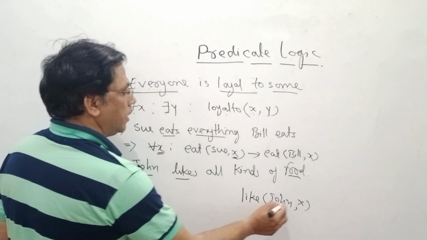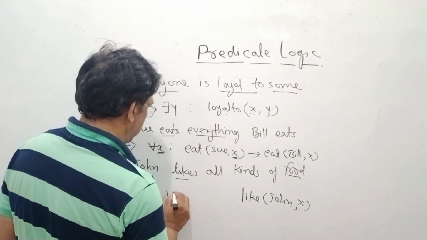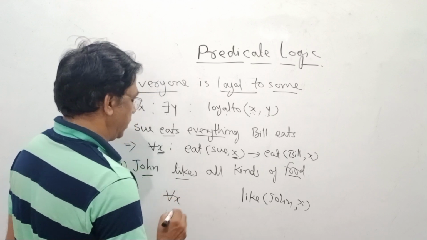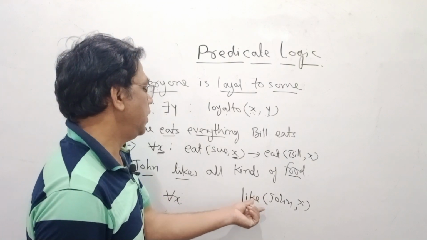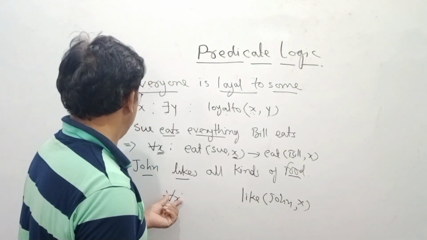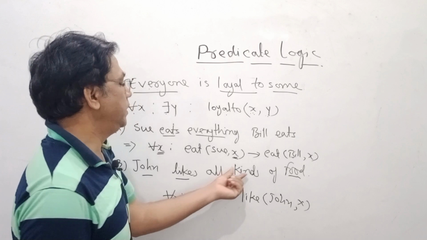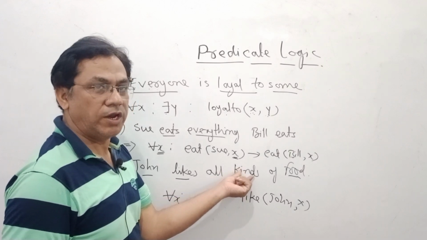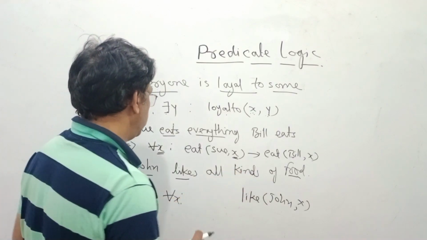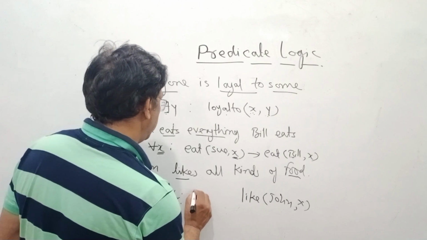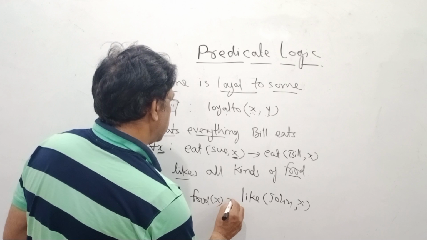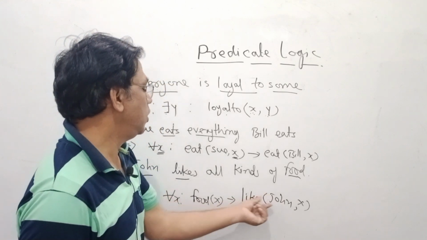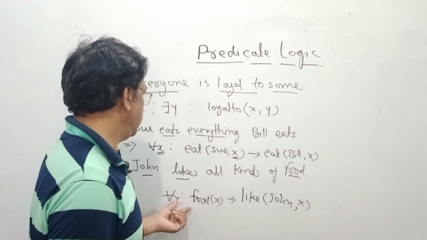This way John likes all foods, but it says kinds of, so one more relation is there. So we will write food x. That means John likes all kinds of food here.